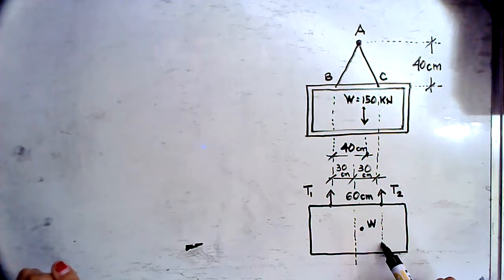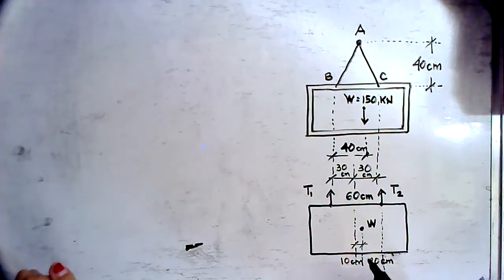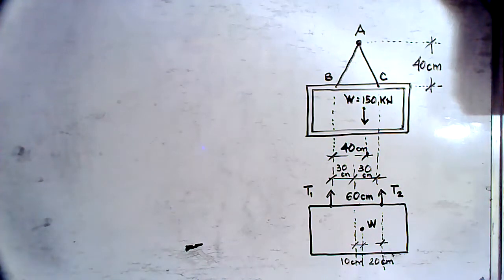So if we are going to represent the distances, from W to the center, we have here 10 centimeter, and here 10 centimeter. And then the distance from here up to this point is 20 centimeter. So that is the free body diagram.